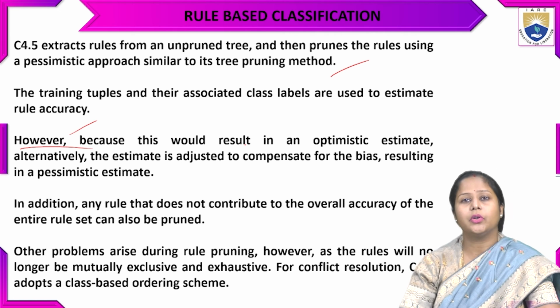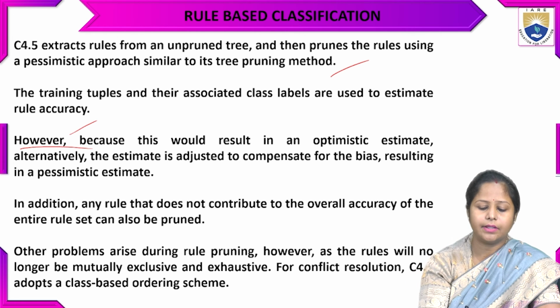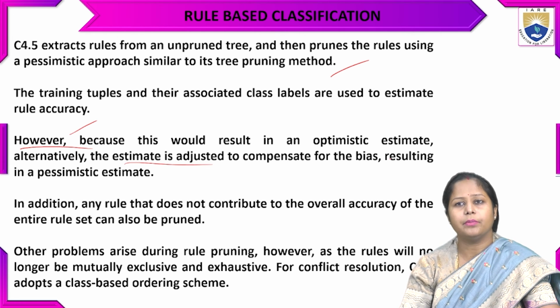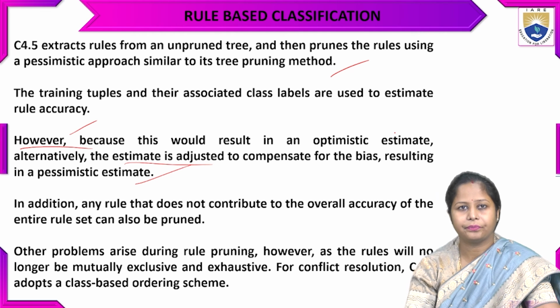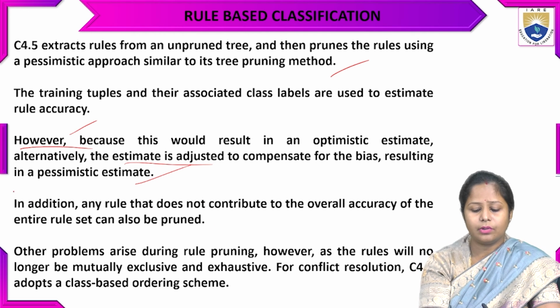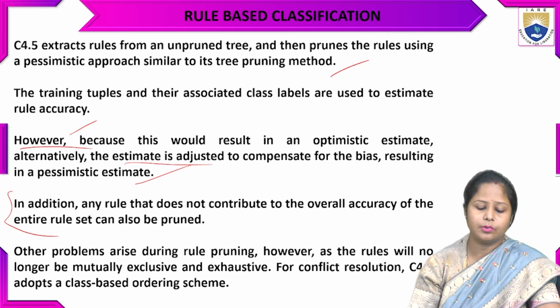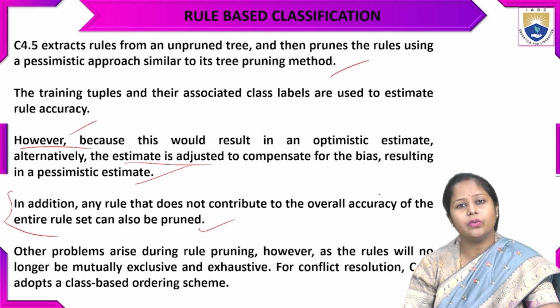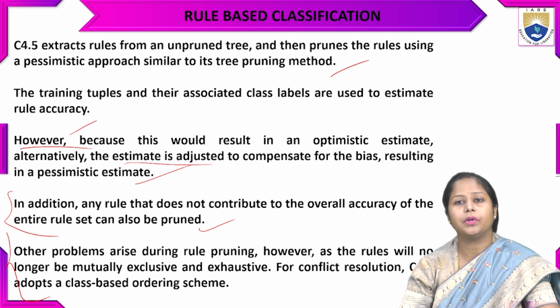However, because this would result in an optimistic estimate, alternatively, the estimate is adjusted to compensate for the bias, resulting in a pessimistic estimate. In addition, any rule that does not contribute to the overall accuracy of the entire rule set can also be removed. Other problems also arise during the rule pruning.